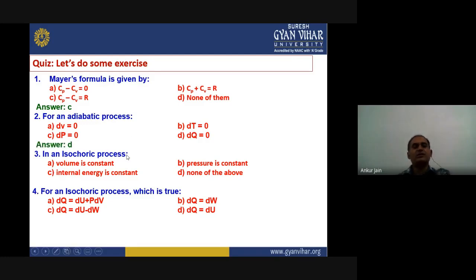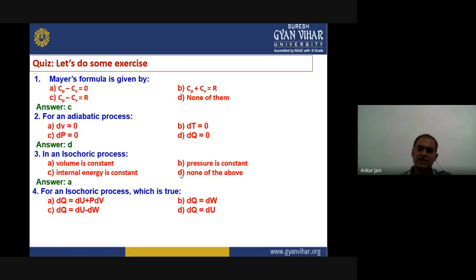Now we will come to the next question: in an isochoric process, volume is constant, pressure is constant, internal energy is constant, or none of the above. What is an isochoric process? It is where the volume of a system is constant. So the right answer for this is option A, volume is constant.